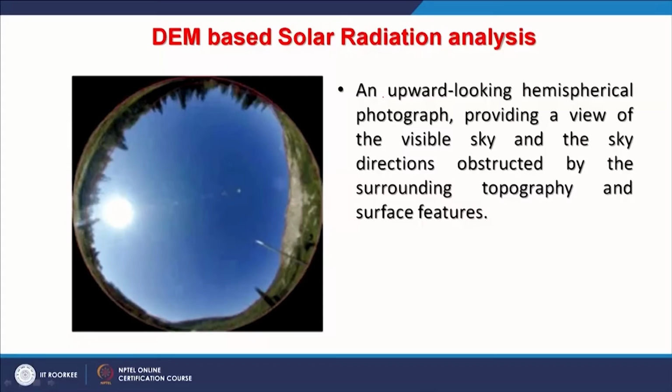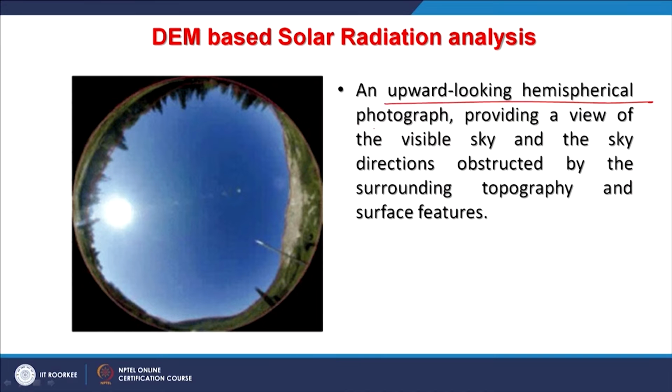If the location for which we are going to do the estimation is in an open part, like on a hilltop or on a ridge, that is one case, but if I am located in a valley, then the scenario is going to be different. So, this is the fisheye view or upward looking hemispherical view.